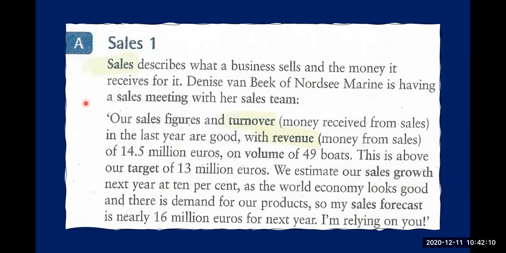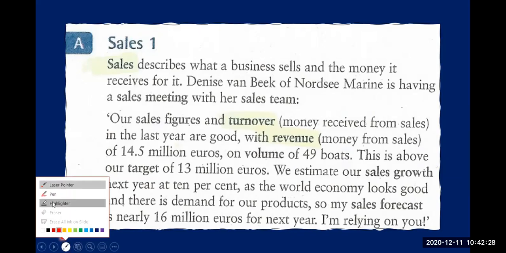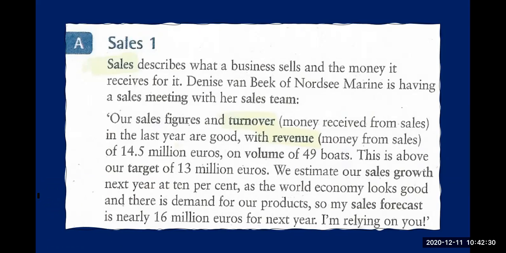This is above our target of 13 million euros. We estimate our sales growth next year at 10%, as the world economy looks good and there is demand for our products. So my sales forecast is nearly 16 million euros for next year. I'm relying on you. Okay, thank you very much.